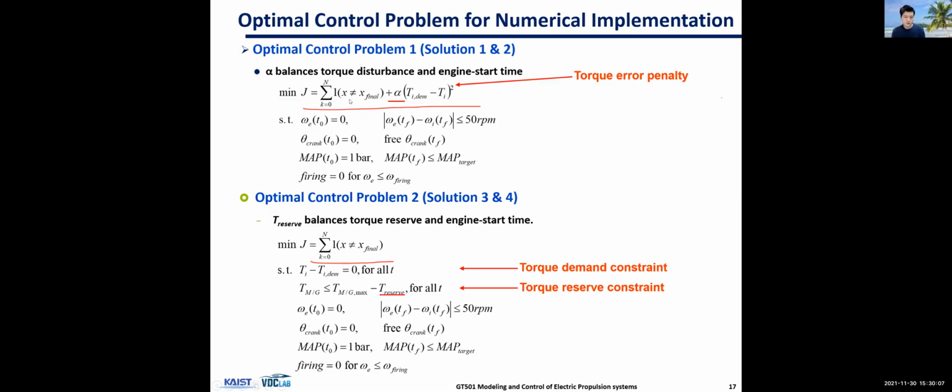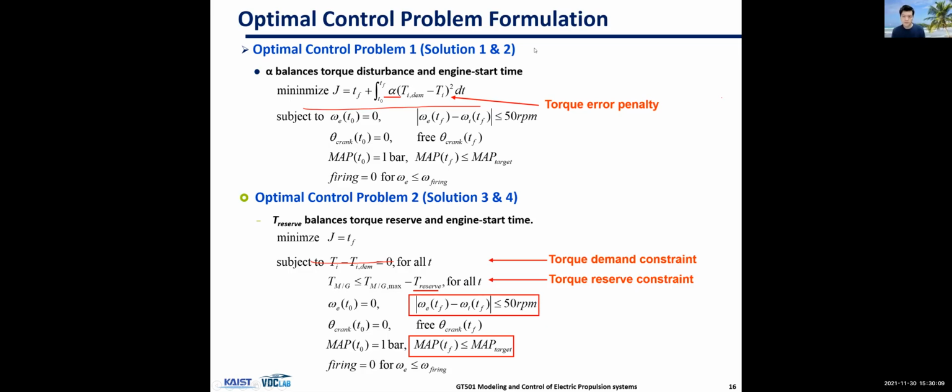Where initially this was time, right? Where this was an integral, right? And this is final time, right?